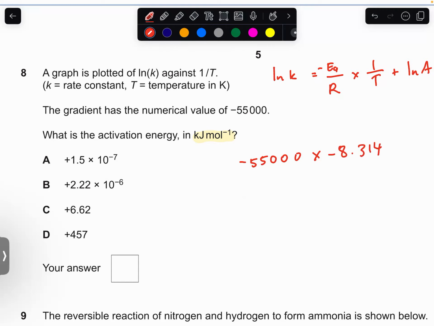That gives you joules per mole, but we want it in kilojoules per mole, so we divide it by 1,000. So what we're doing there is minus EA over R multiplied by R. R is the gas constant you've used in PV equals nRT from year 1.